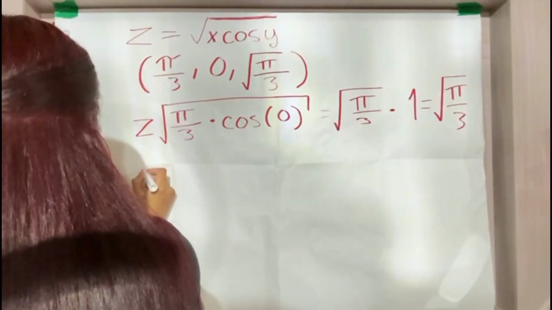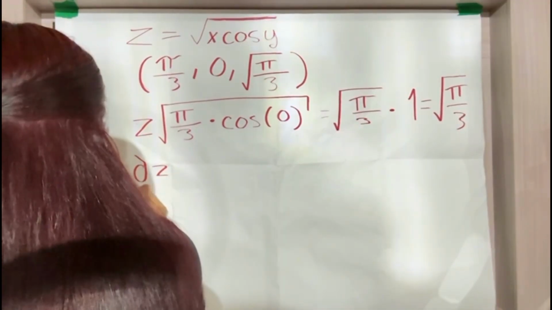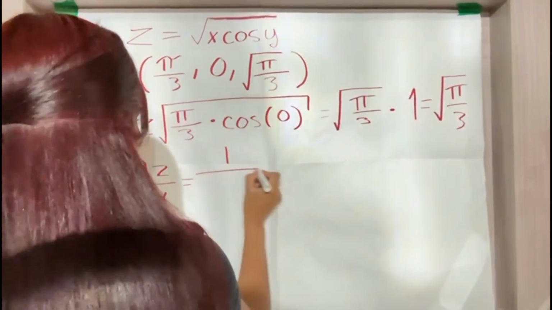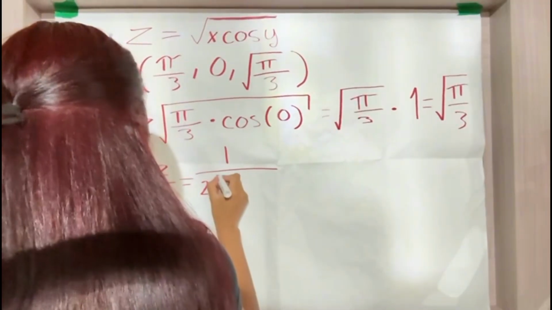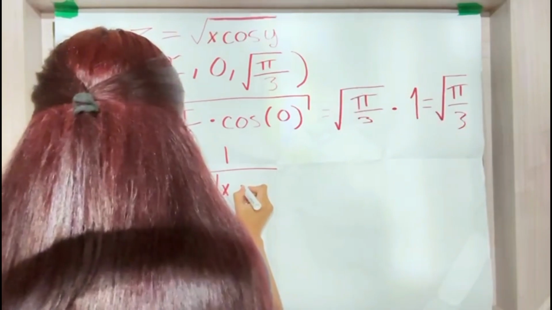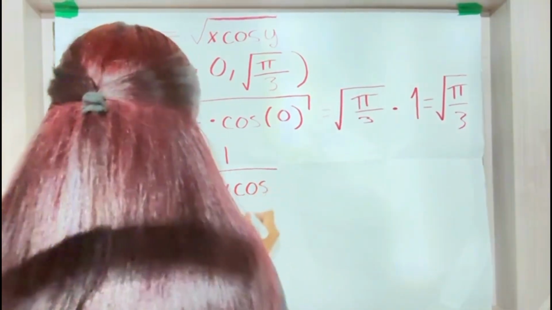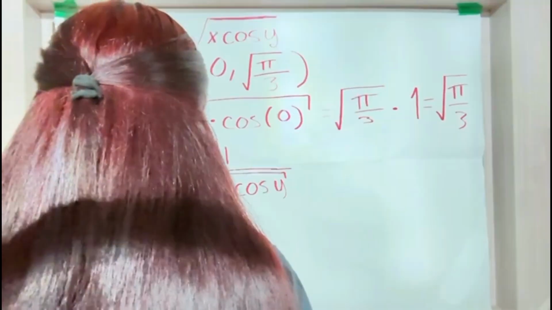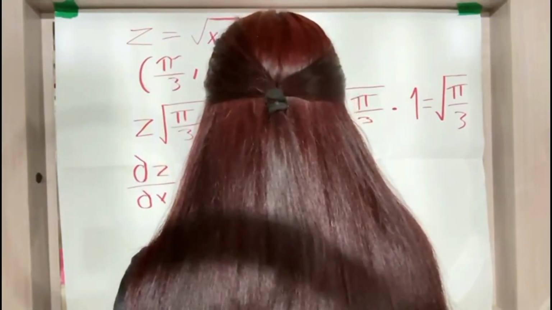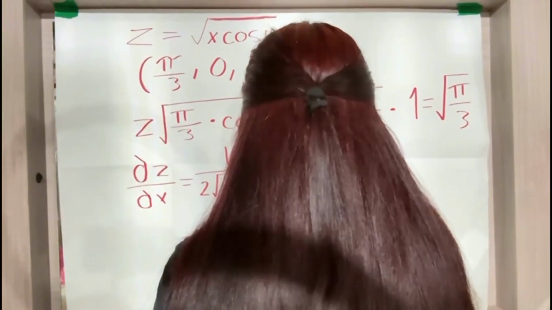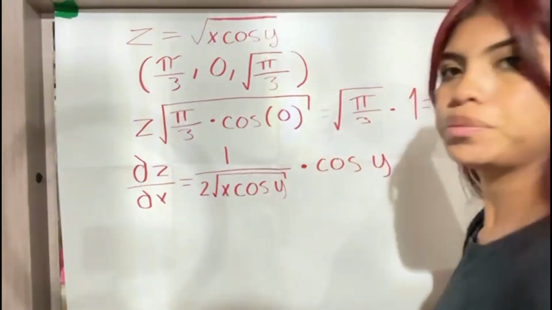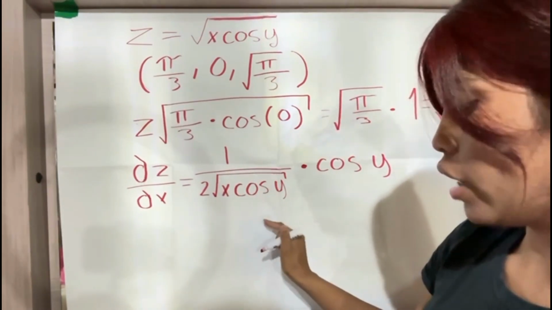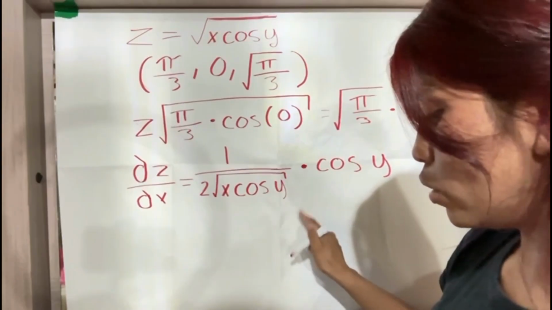The partial derivative of c with respect to x equals 1 over 2 times the square root of x times cosine y times cosine y.